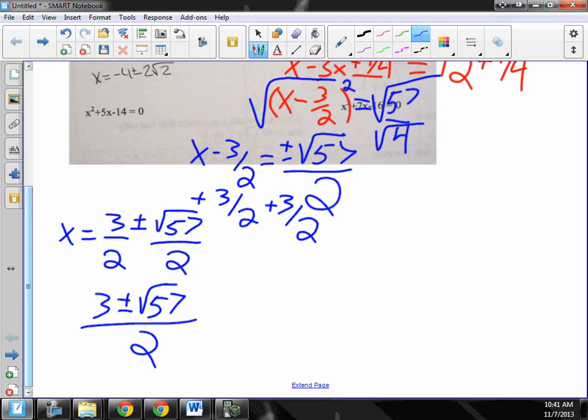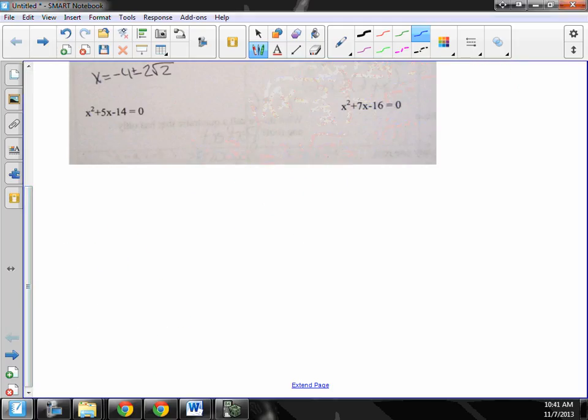Okay, so let's do a couple more. Look at the next problem. x squared plus 5x minus 14. Am I going to need fractions in this case? Yes, because the middle number is odd. So I add the 14 over here. Get rid of this. So x plus, what goes in my factor?